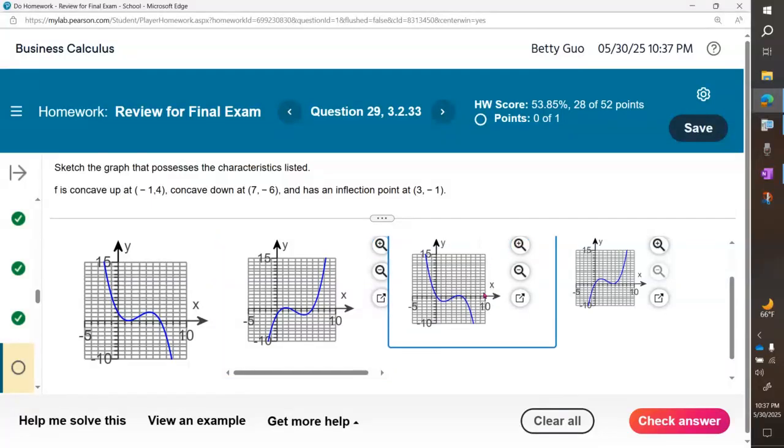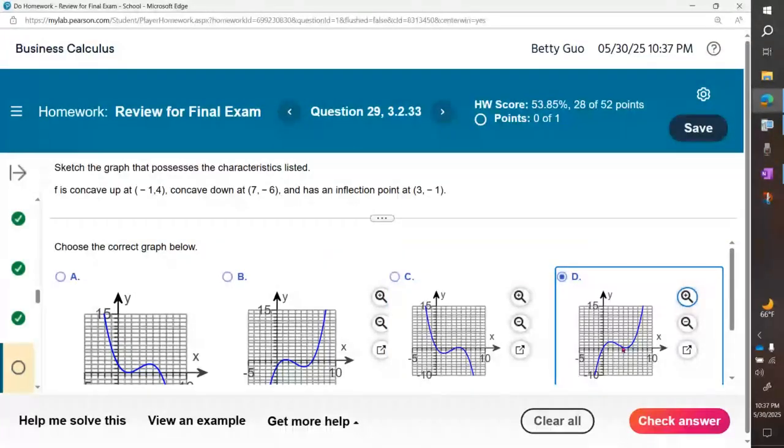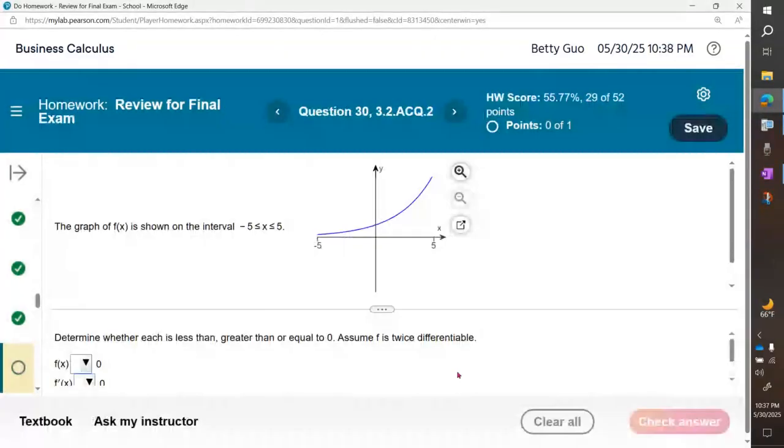This one, inflection point 3.91. 91.4, concave up. 796, concave down. I would consider C, but let's look at D as well. The inflection point is above. Oh, try C. Okay. That's it.